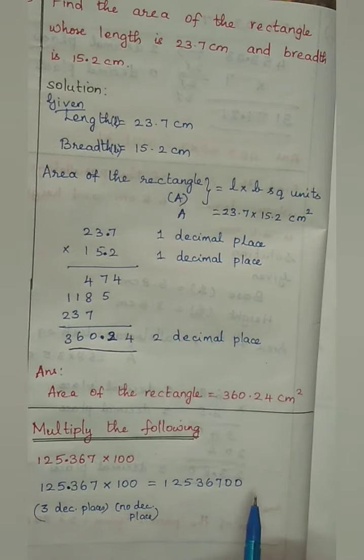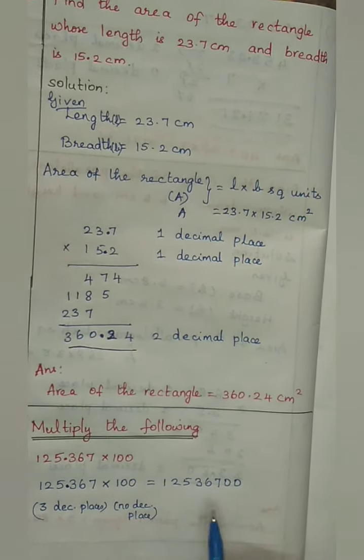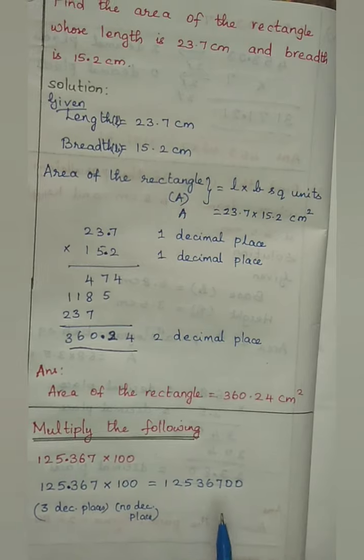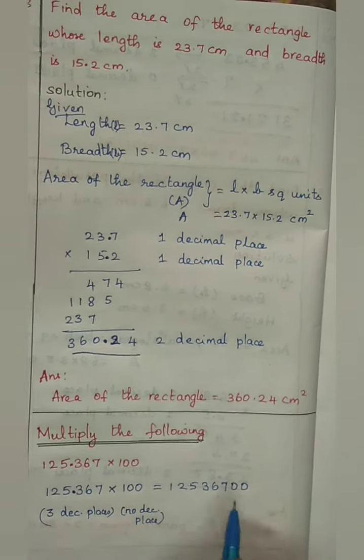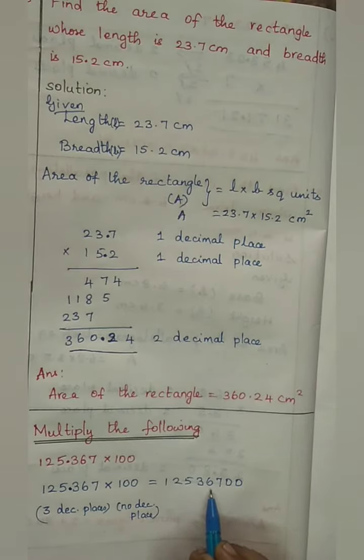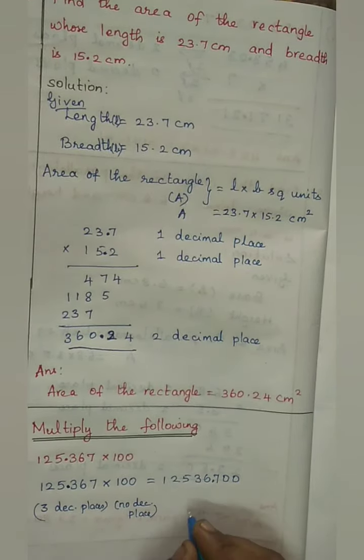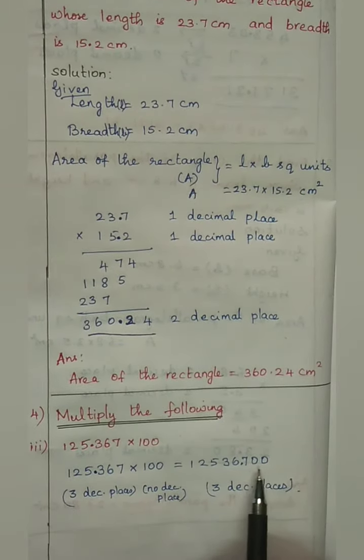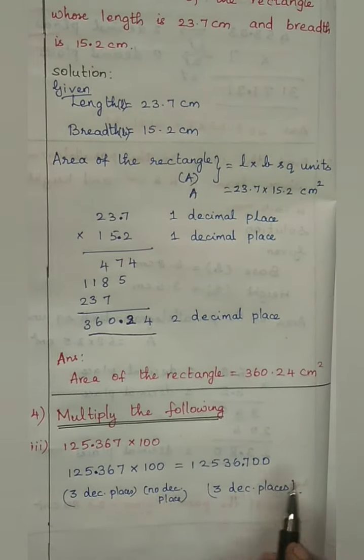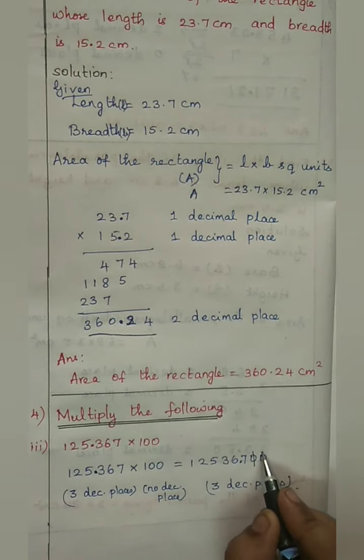From extreme right, leave 3 digits and keep the decimal point. So leave this 0, this 0 and this 7 and keep the decimal point between 6 and 7. Zeros which come after 7 have no value.